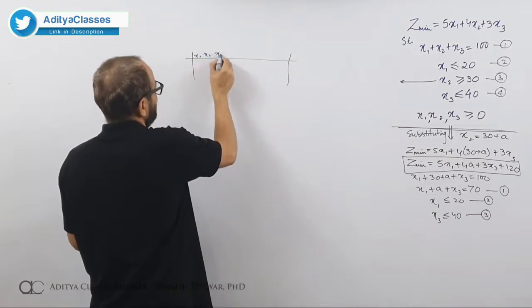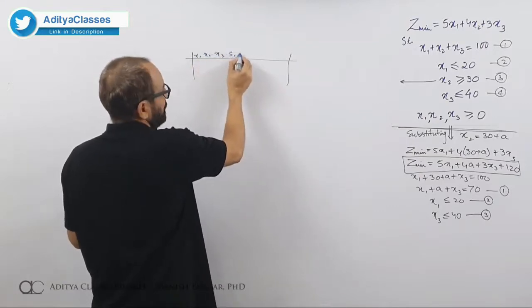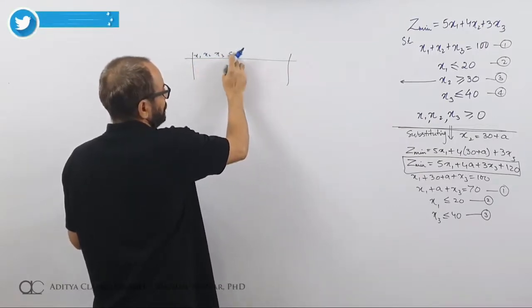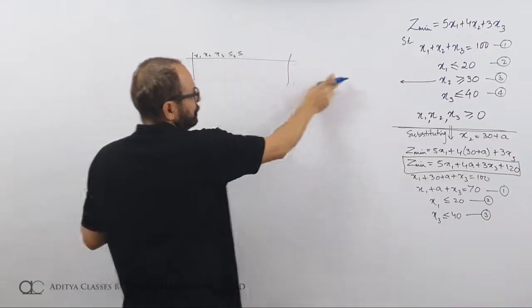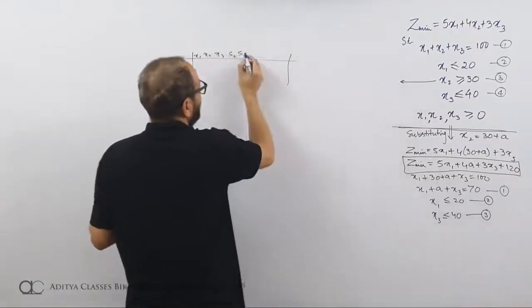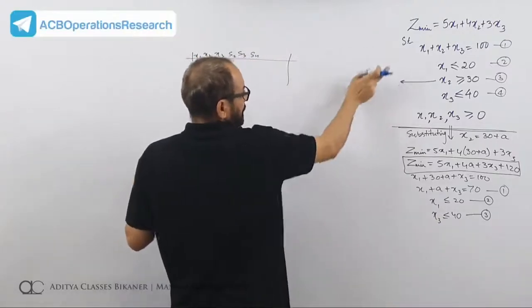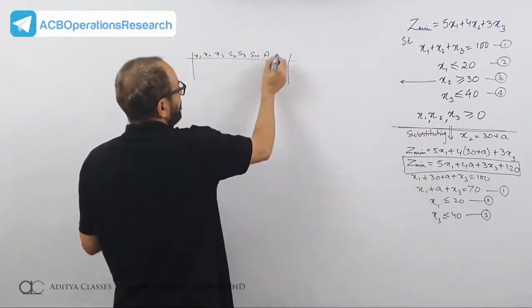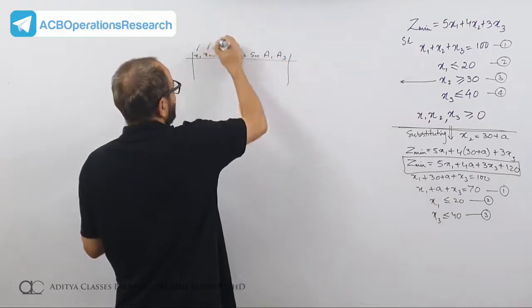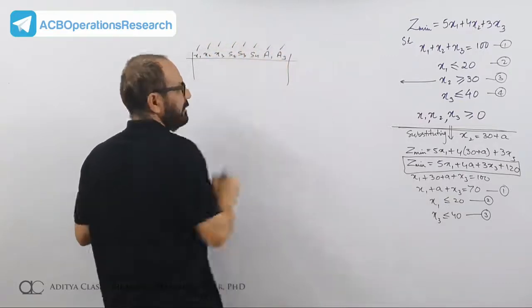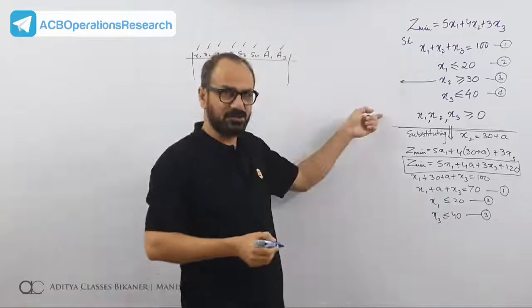If I look at the solution of this problem, earlier I was having x1, x2, x3, s2, s3, s4, then there was an a1 and a3, thereby making it 8 variables, and then there were 4 constraints.